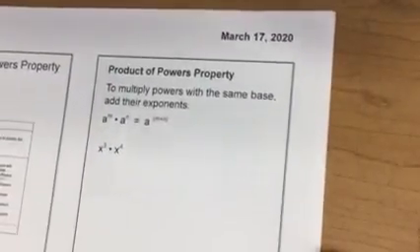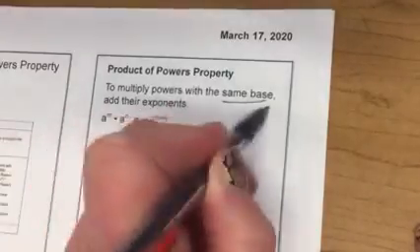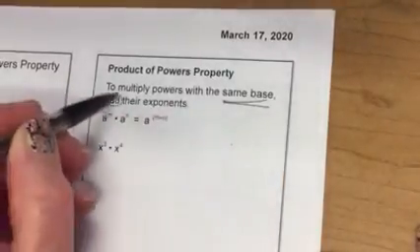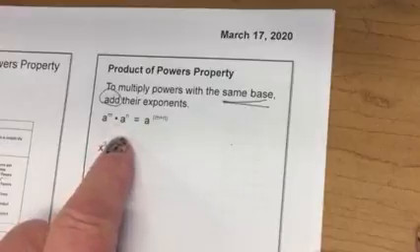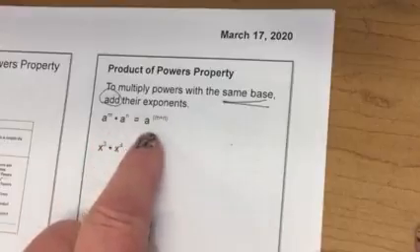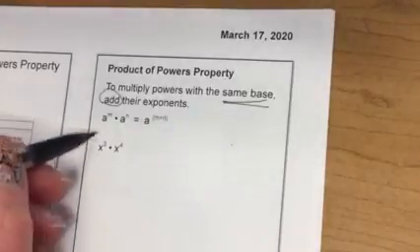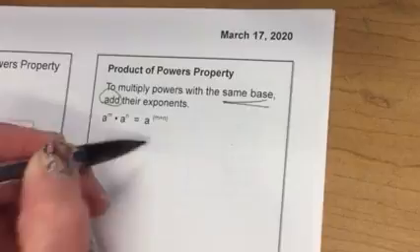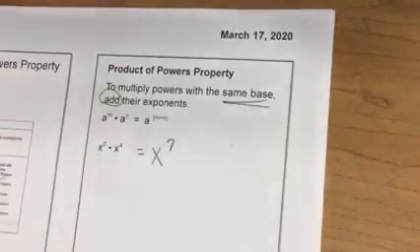The product of powers property says, if I'm going to multiply powers with the same base, you just add the exponents. A to the m times a to the n equals a to the m plus n. So x to the third times x to the fourth would equal x to the seventh.